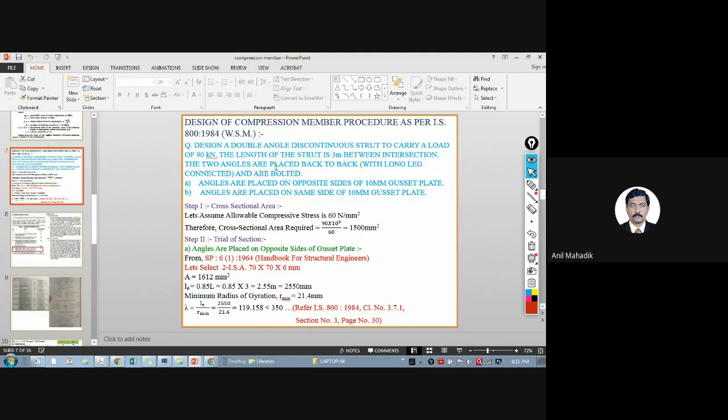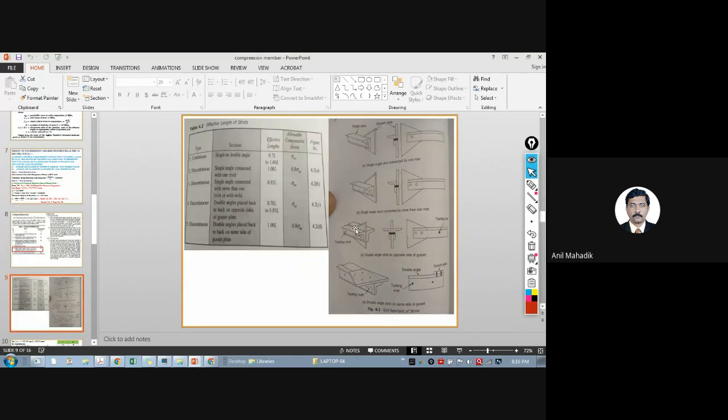So the two angles are placed back to back with long leg. Can you see this? See, in trusses generally we are having compression top chord member and tension bottom chord member like this. Double angle we generally use, and diagonals we use single angles generally.